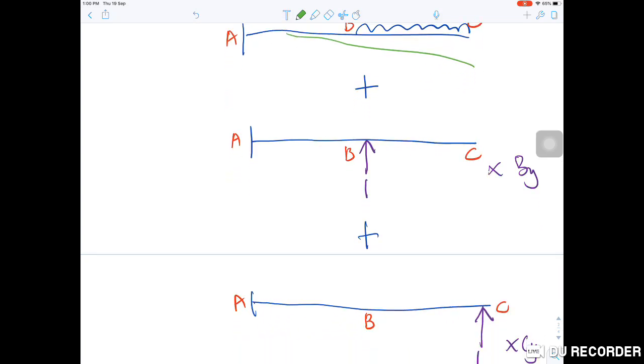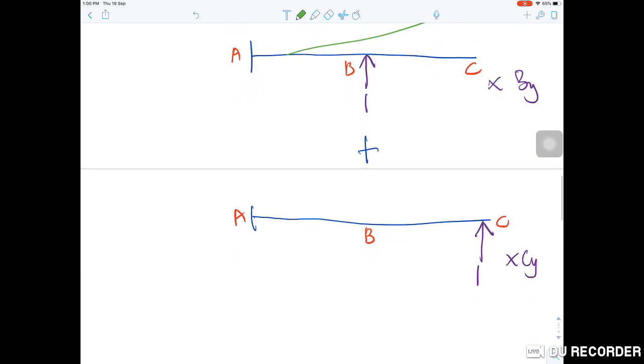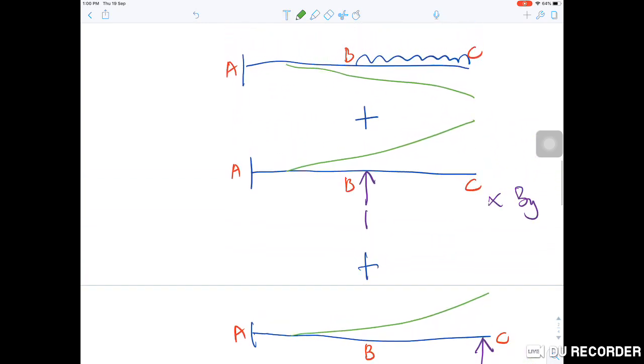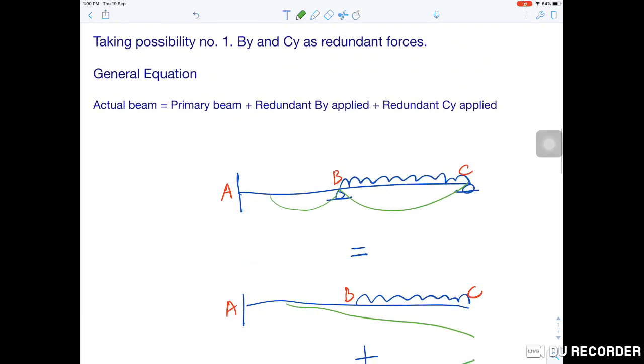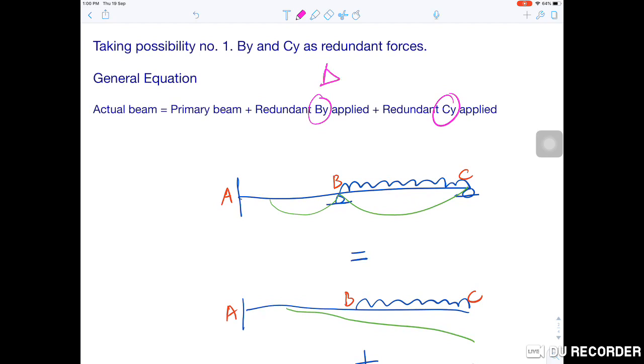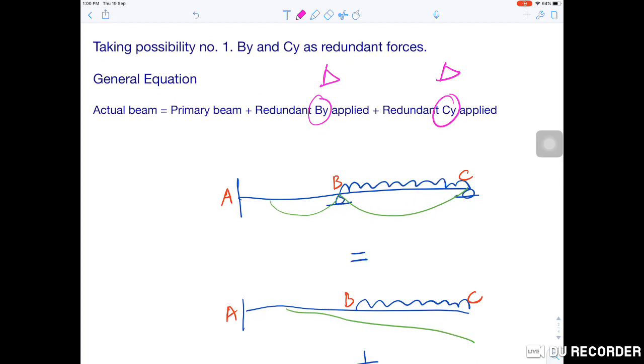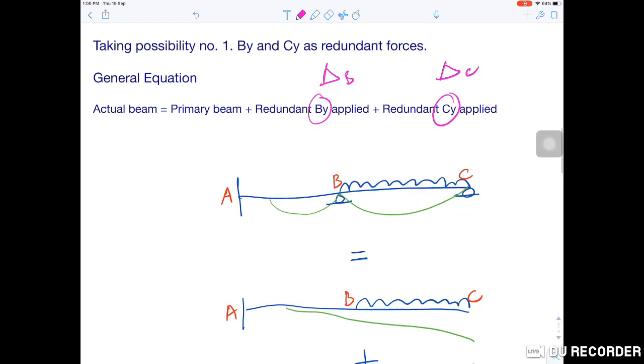Deflection for cantilever beam subjected to a unit value of By is like this, and the last diagram is like this. So what we need to do now is, since this one is force, this one is also force, means that we need to look at the delta at B and delta at C for each diagram.